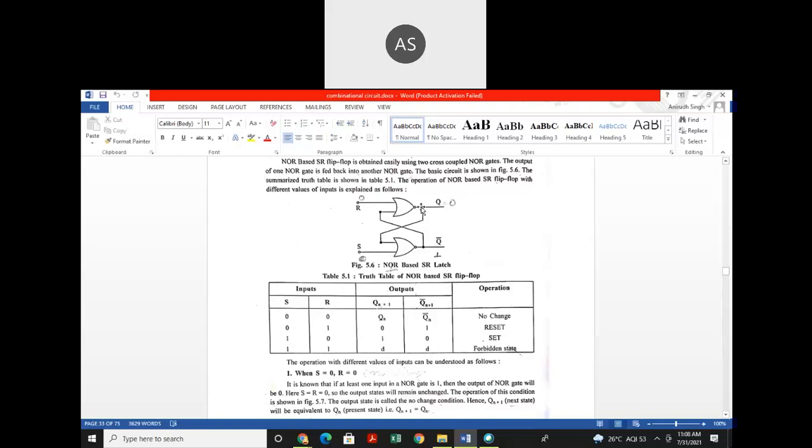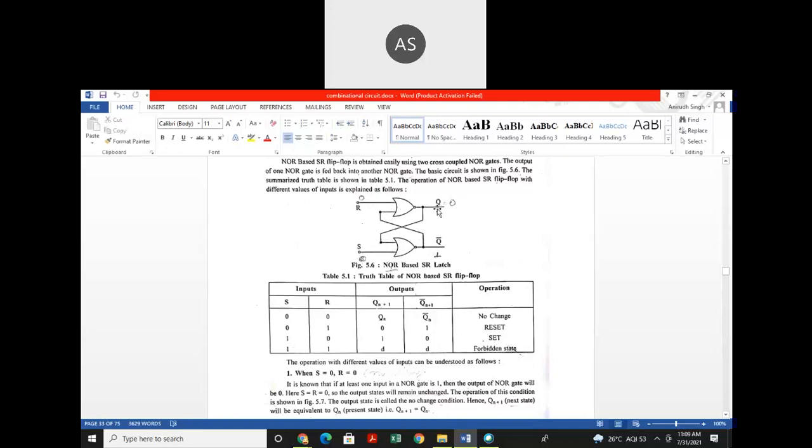Then this Q is connected to the input of a NOR gate. If Q is 0, then 0 and 0 means we get 1 here, and this one is connected to the other input of the NOR gate. So 0, 1. Since one input is 1, we get 0 here.